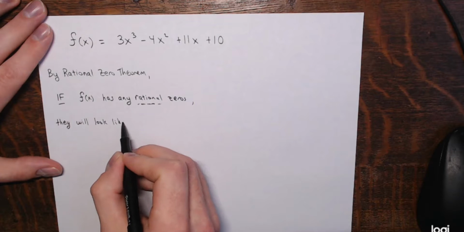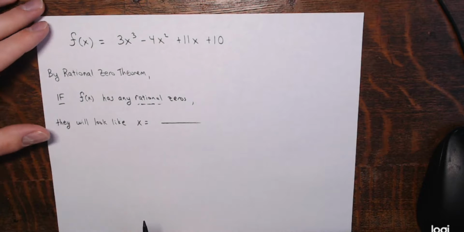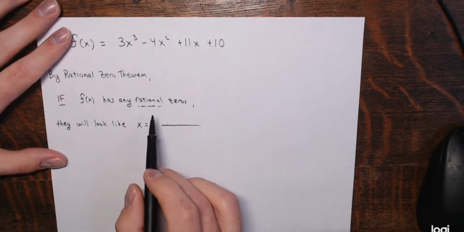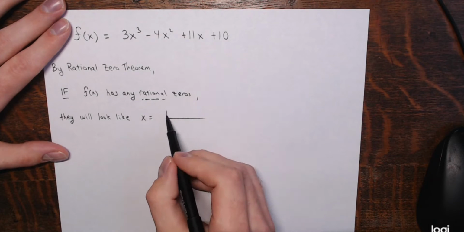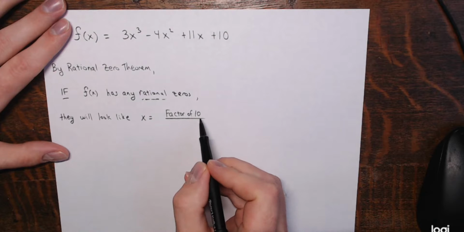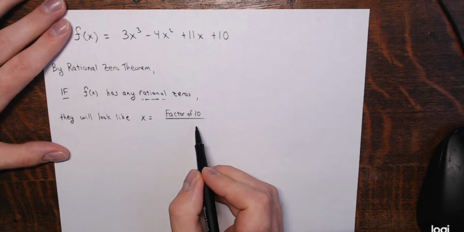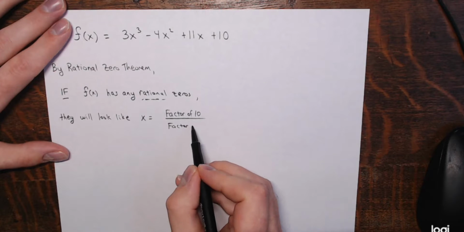They will look like x equals, and hopefully this rings a bell, the numerator of any rational zero has got to be a factor of the constant term, some factor of 10. And the denominator must be some factor of the lead coefficient, so some factor of 3.